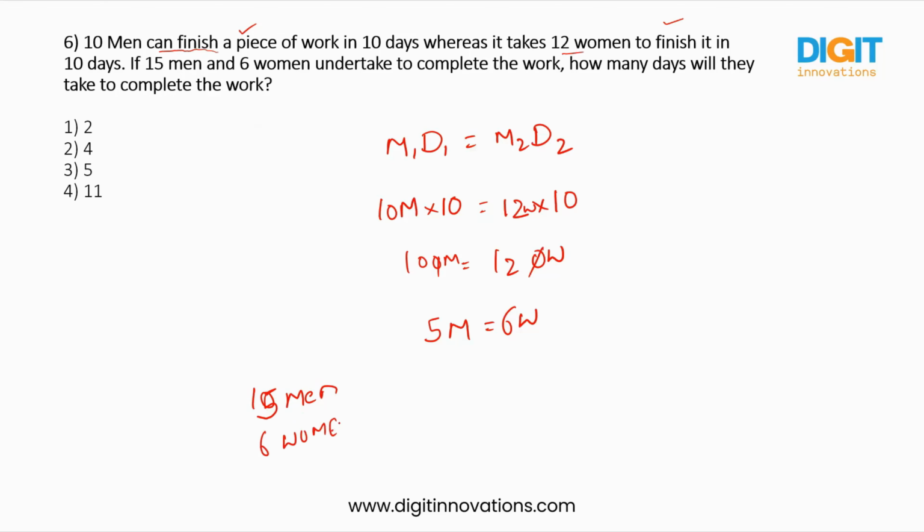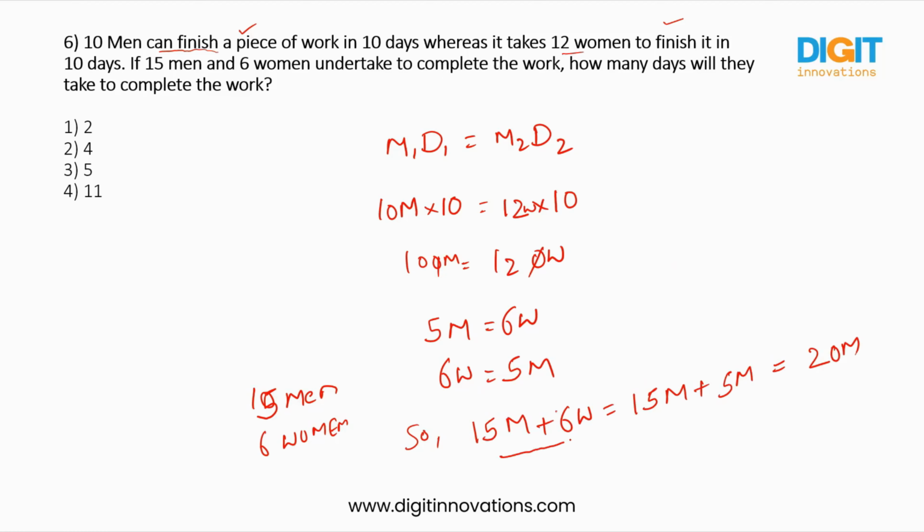From above, we got to know 6 women are equal to 5 men. So 15 men plus 6 women equal 15 men plus 5 men. Okay, we are converting women and men into only a single type, men. So in total it is 20 men.